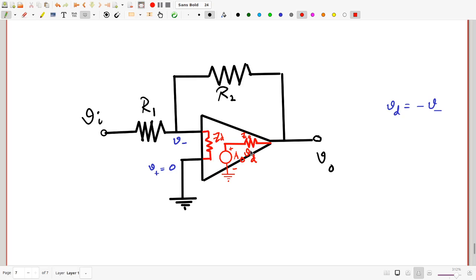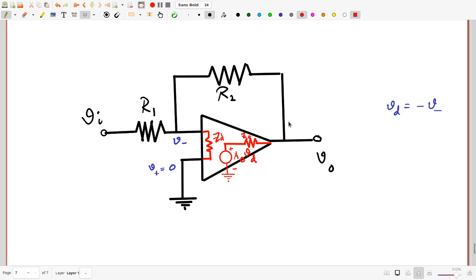Well, the great thing about an op-amp, as we have been saying, is that ZD is huge, Z0 is very tiny, and A0 is huge. So later on when we analyze an op-amp circuit, we are just going to make the assumption that A0 is infinite, ZD is infinite, Z0 is 0. And that will make the analysis very simple.